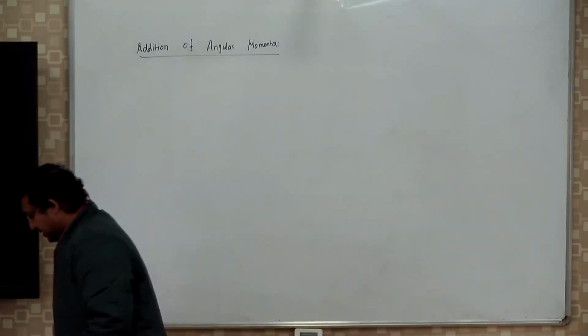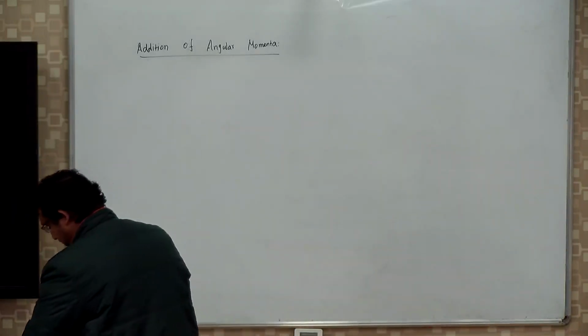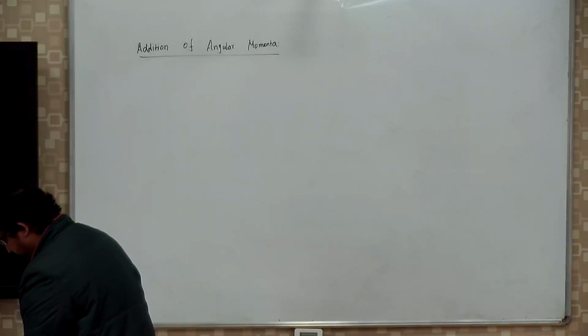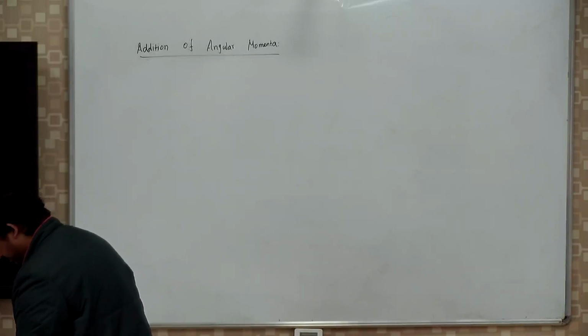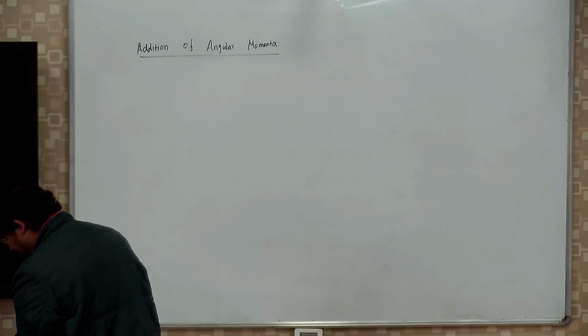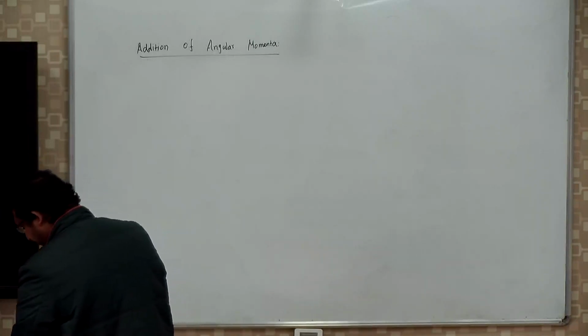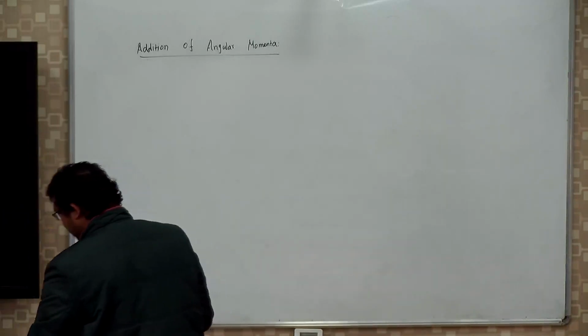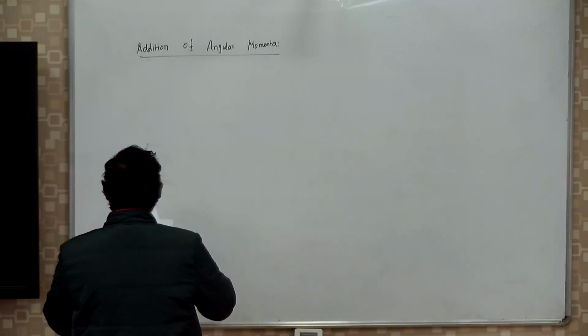So far what we discussed is the uncoupled basis, or uncoupled system. When we move to the coupled system, or the coupled basis, the Hilbert space H3 can be written.